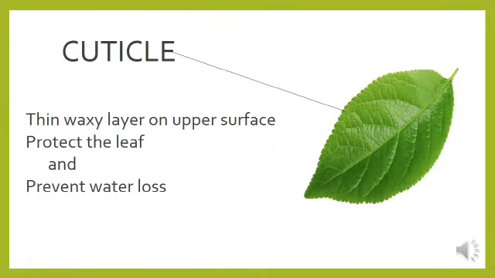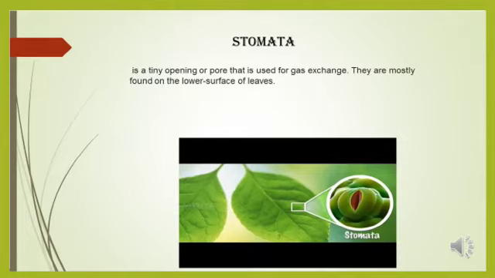The upper surface of the leaf is protected from infection and water loss by a thin waxy layer called cuticle. When we observe the lower surface of the leaf under the microscope, we find various microscopic openings.